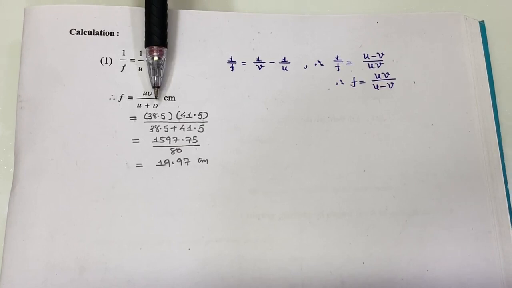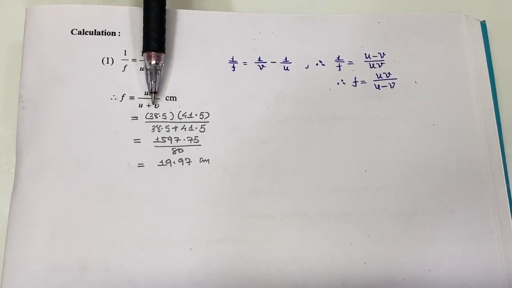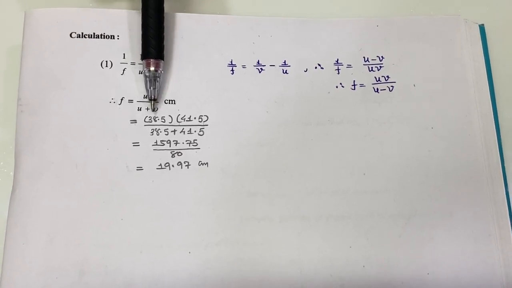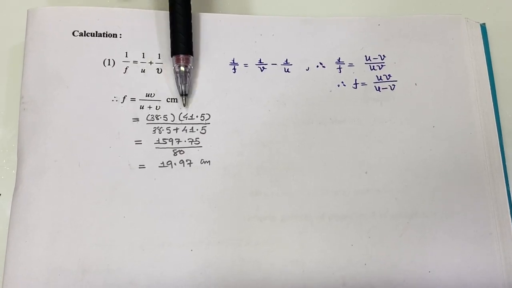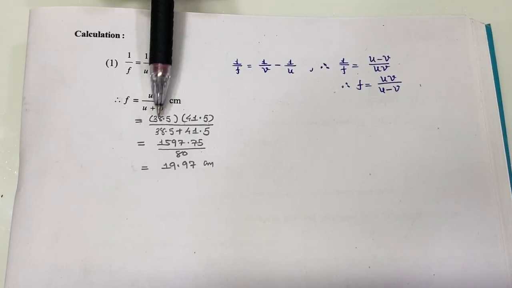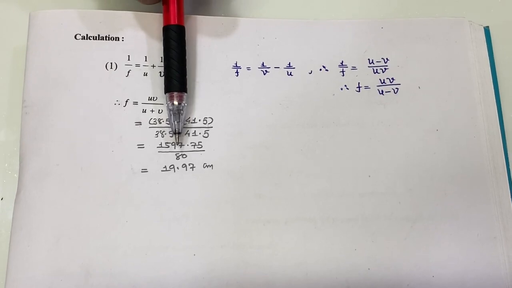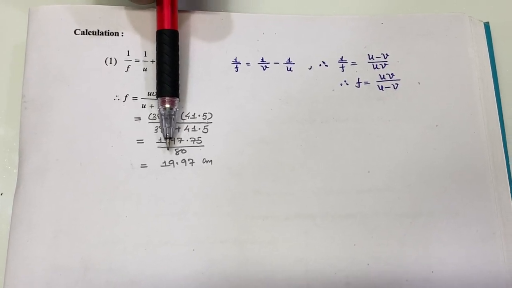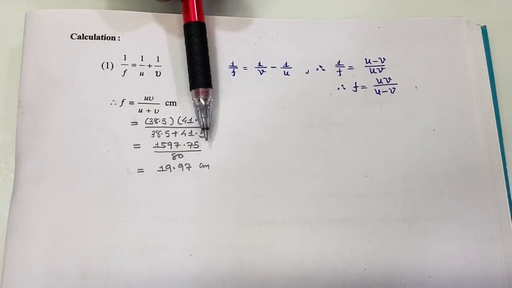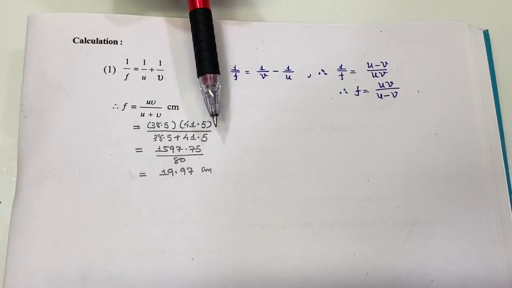So substitute the values magnitude wise here, u that is 38.5, v that is 41.5, and solve this one. Our answer comes to 19.97 centimeter.